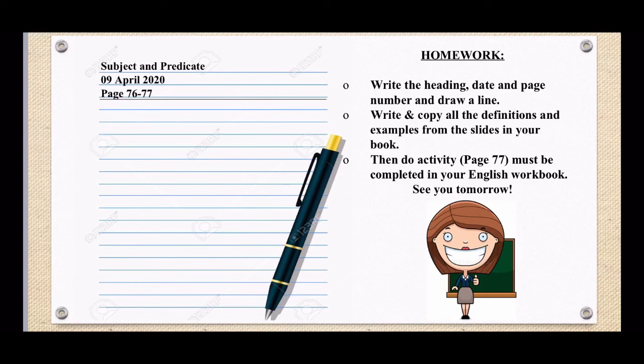Copy it as I wrote it in my slide in your book. Please highlight and use different colors like I use in my slide, so that you can identify what's the definition and what the examples are. And after you've done that, you then do the activity that's on page 77 in your English workbook, right?